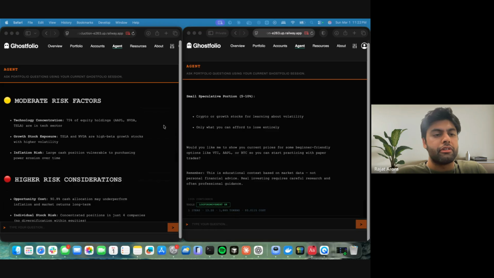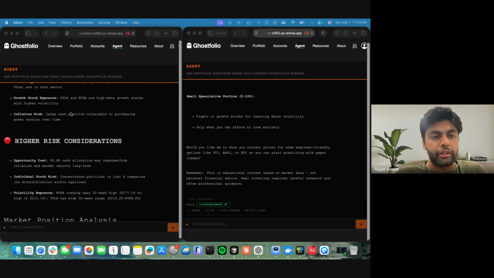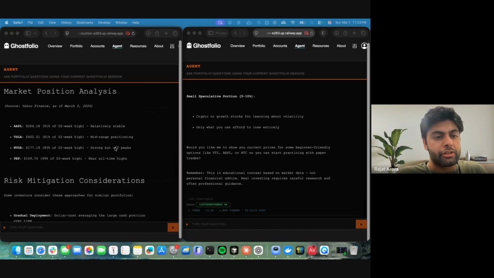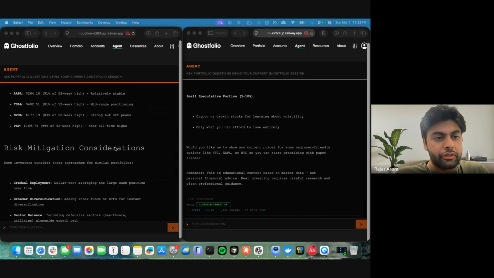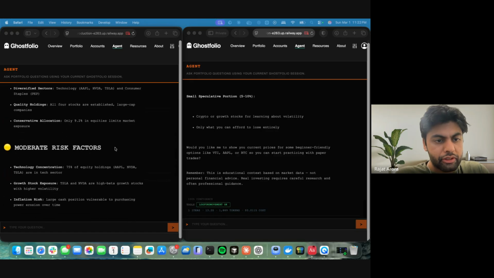But the moderate risk factors to consider are like being heavy in one concentration, tech. A couple of these stocks have some volatility, and because my purchasing power is mostly liquid, not in stocks, there is low volatility there.